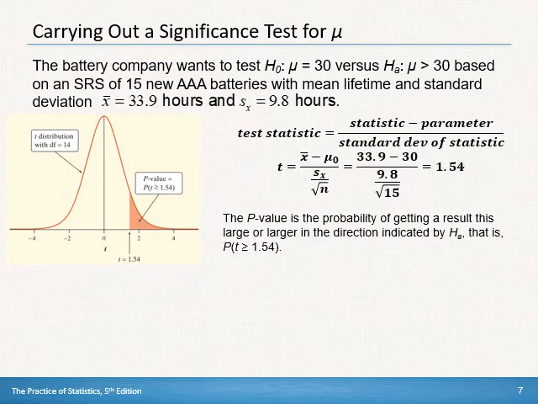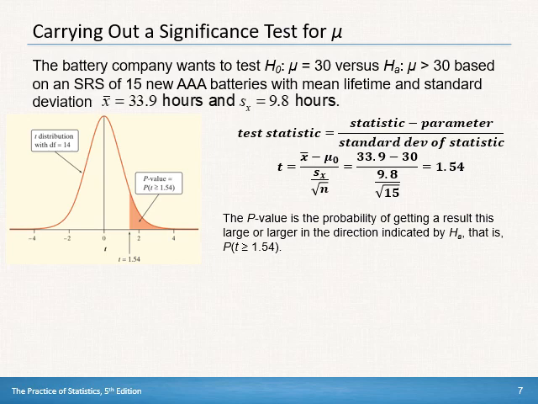All right, so we plug in our values, our x bar minus our hypothesized mean value, and then the standard deviation divided by square root of n is on the bottom. That ends up being a t statistic of 1.54. The graph sort of shows you what's going on here.